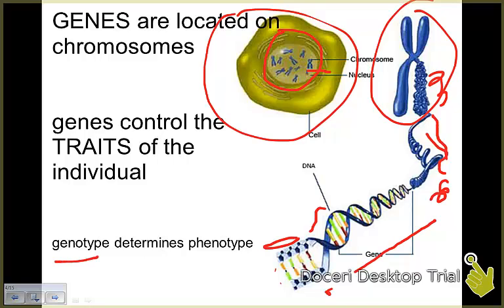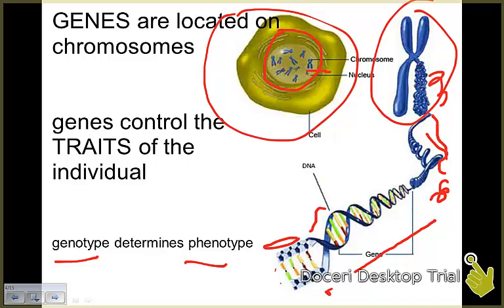And it also says here that genotype determines phenotype. Genotype are the genes. When you see big B, big B, or big B, little b, that's the genotype. But they control and determine what the phenotype is. Phenotype is what you see. I like to say phenotype face, because you see someone's face. So maybe little b codes for blue eyes.